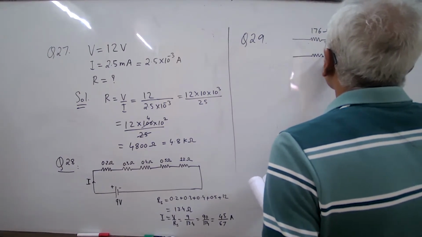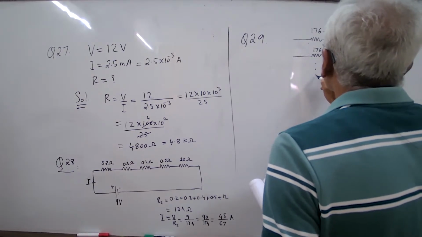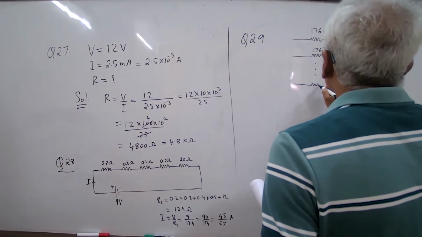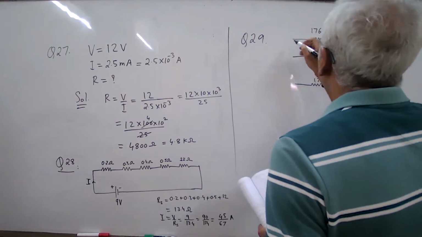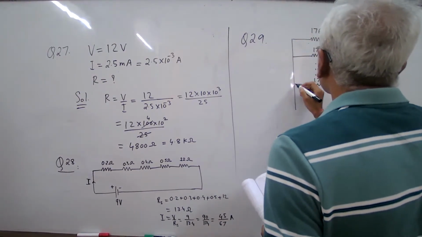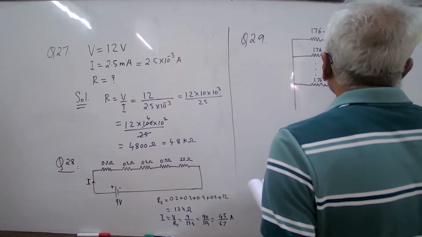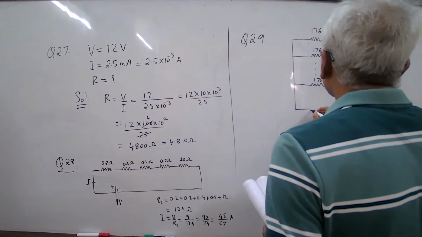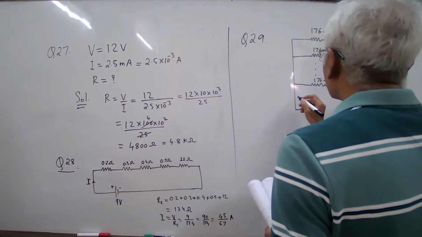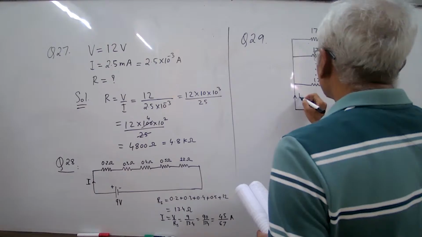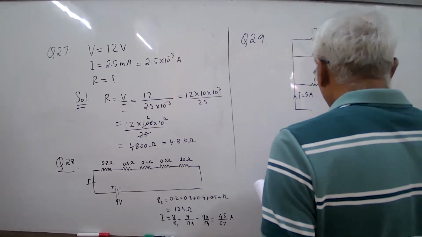We don't know how many. And what is the power supply? The current given is I equal to 5 ampere. Power supply is 220 volt.